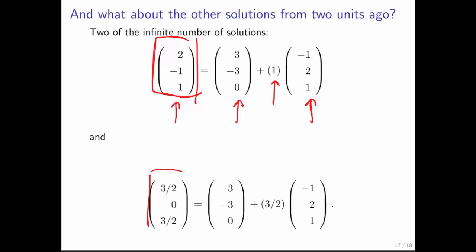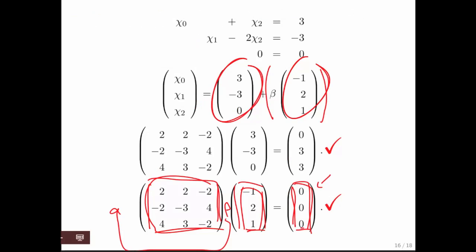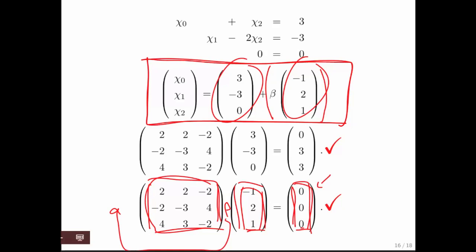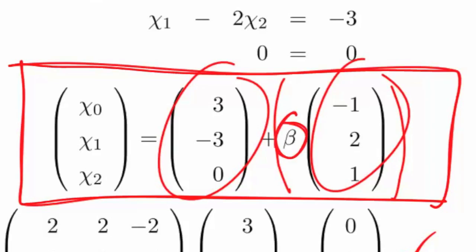We had another solution there, and that turns out to correspond to beta equal to 3/2. So we can account for all of these other solutions that we found before. But notice that we actually have an infinite number of solutions, because for any beta, this turns out to be a solution to the linear system.